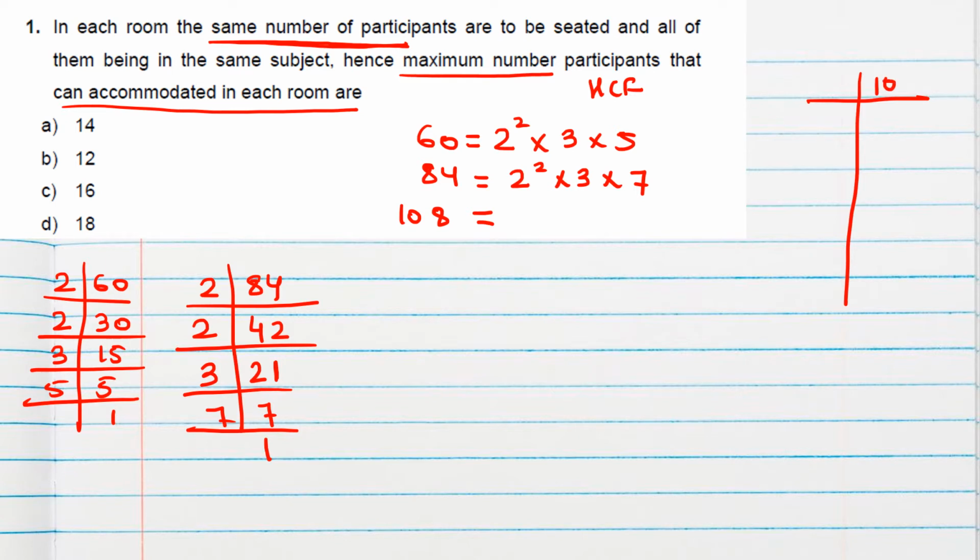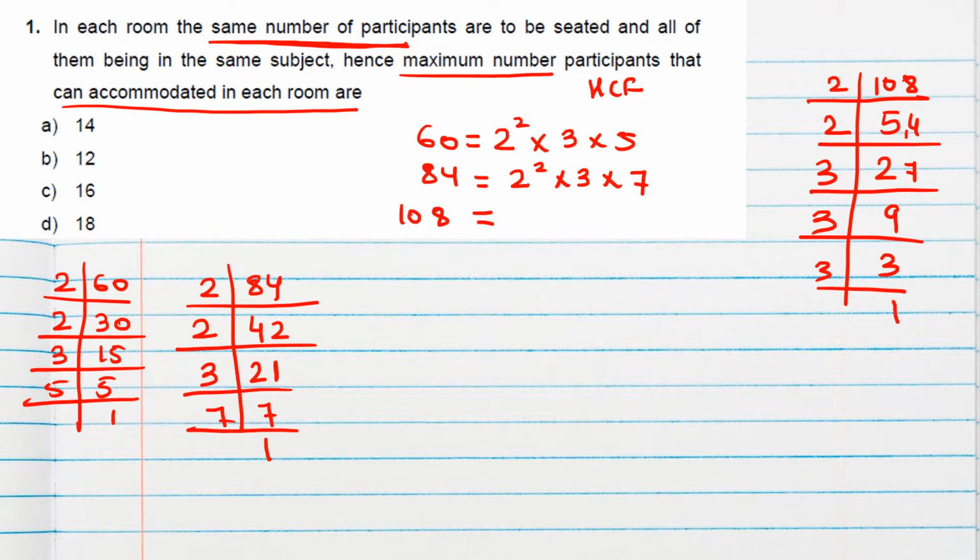We can start with 2 as the unit digit is even. Then we start with 3 again, 3 3s are 9, 3 3s are 9. So we got 2 square into 3 cube.